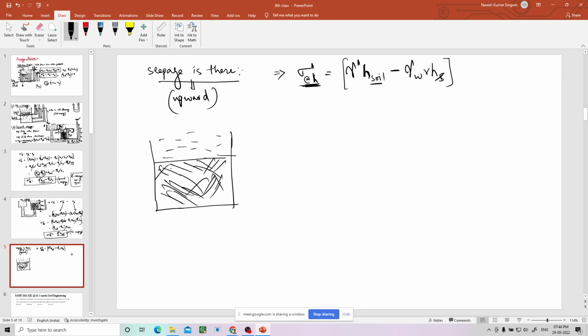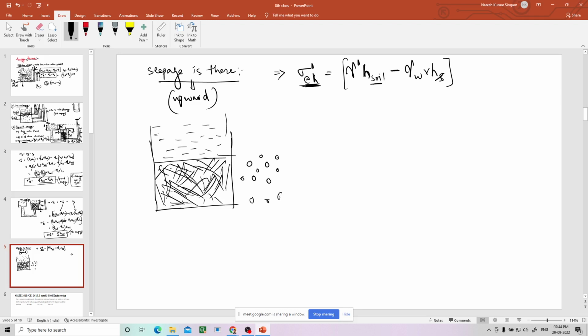Already due to this water presence, soil is already in the saturated position. So if you keep on adding water, what will happen? This soil particle will try to flow. Okay, when the soil particles are trying to flow, that means the soil particles are divided. They are going away from each other.